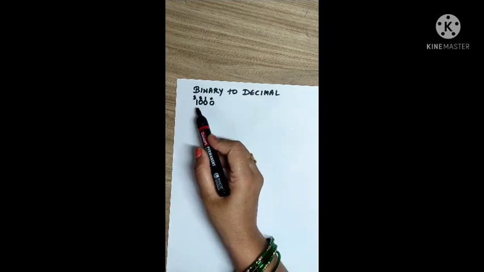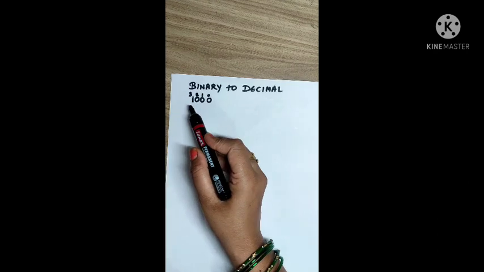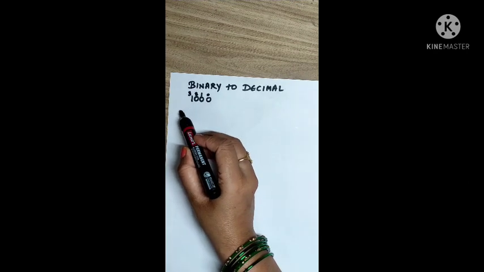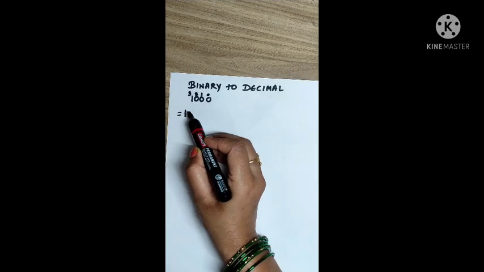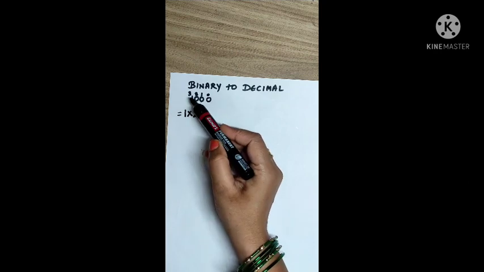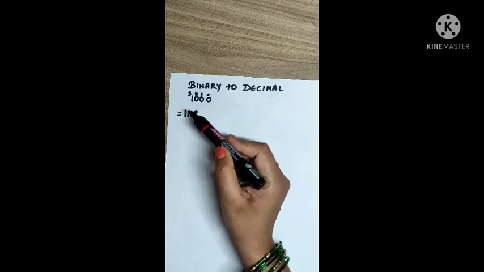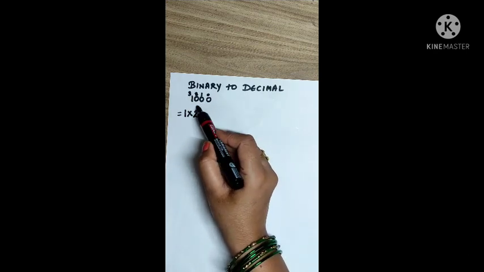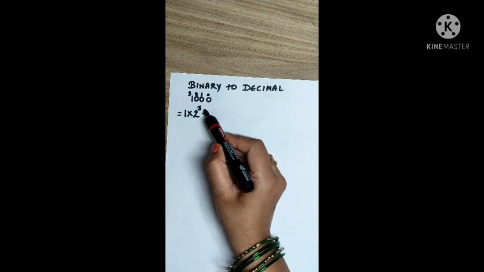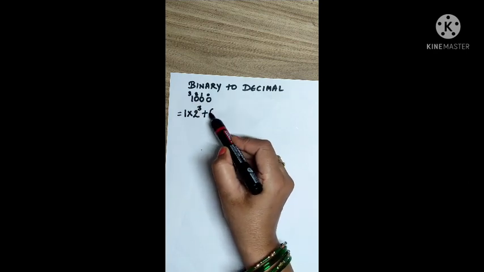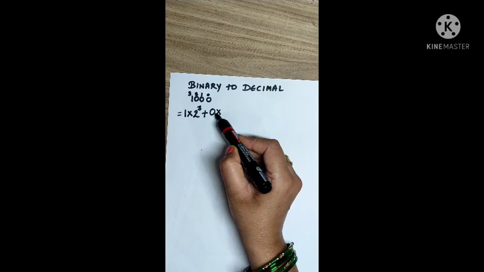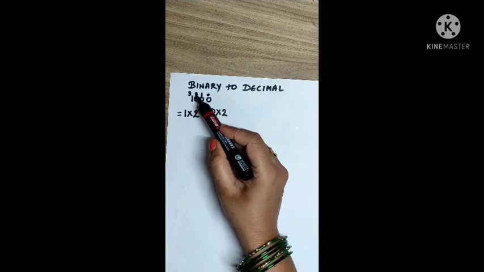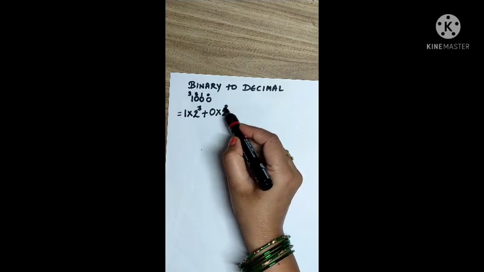Now what will be the next step? Take the first digit from the left hand side. Here we have 1. So we'll write 1, multiplied by 2 to the power of the digit written on top of that number. What is the digit written on top of the number? It's 3. So 2 to the power 3, plus the next number is 0, multiplied by 2, and the power will be the digit written on top of it. It is 2.